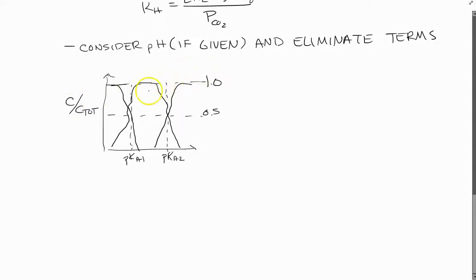So you don't necessarily need to draw these if you want to be thinking about pH and eliminating terms. Let's say we're dealing with a carbonate system. Sometimes I just sketch, because I'm a very visual person. We've got H2CO3, carbonic acid, in equilibrium with bicarbonate, and also carbonate.